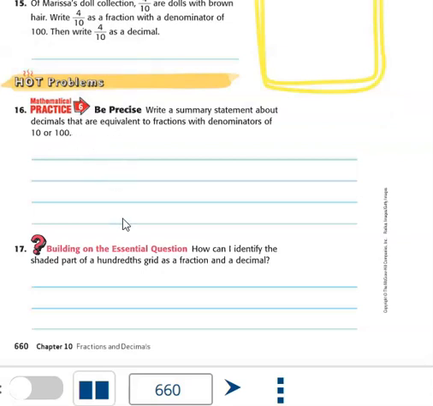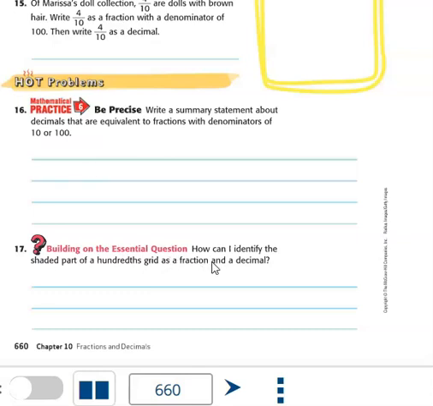You just have to remember what you're going to change about the numerator when you do that. So anytime you change the denominator, whatever you multiplied by, you're going to have to do the same thing to the top. And that's how you're going to change any denominator that's 10 to 100, hundredths. Hopefully that makes some sense.